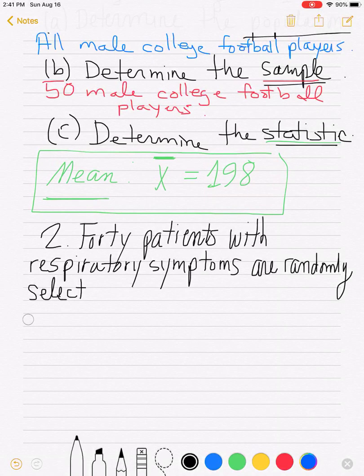So we're randomly selecting only 40 patients from a larger group of respiratory symptom patients, and they are tested for COVID-19, the virus.